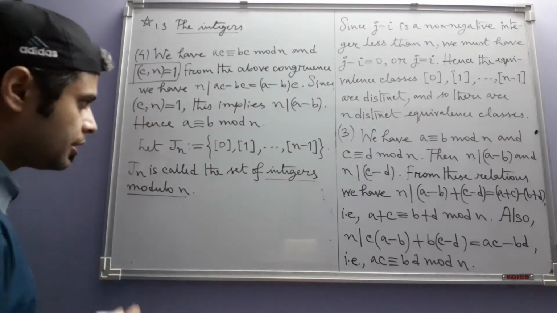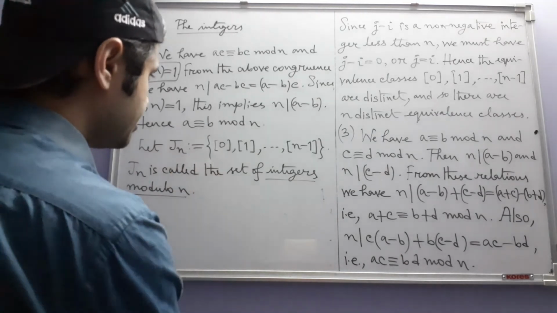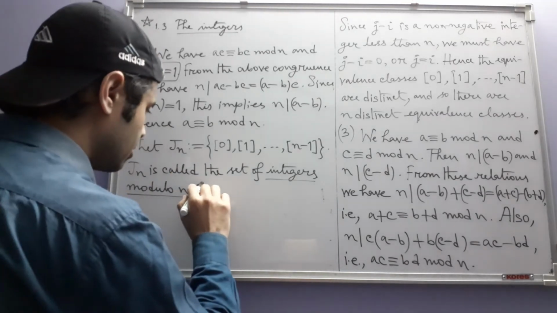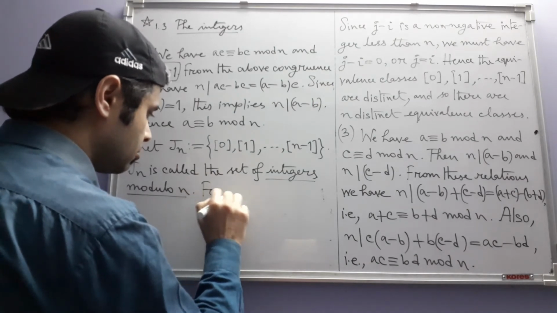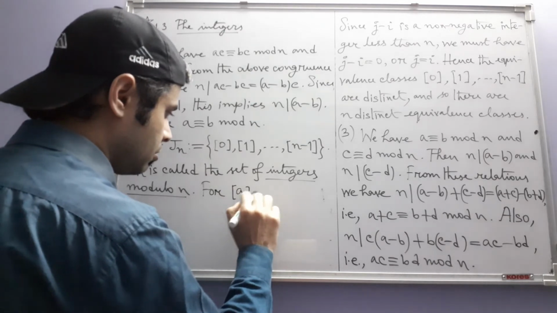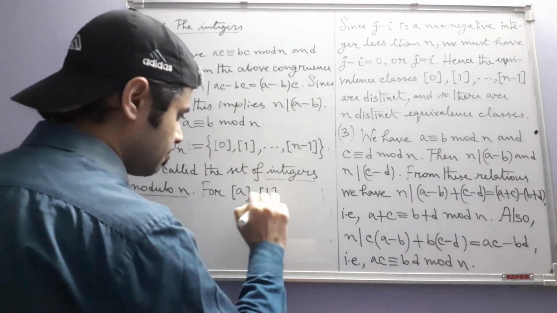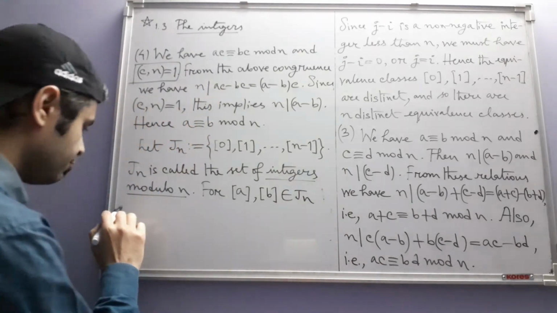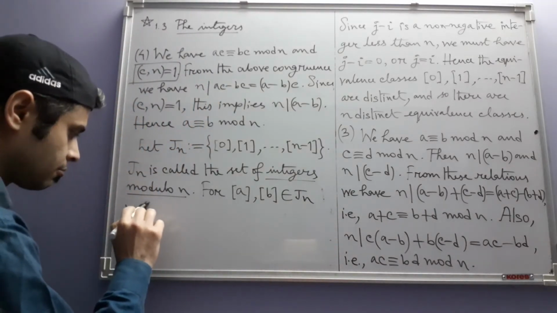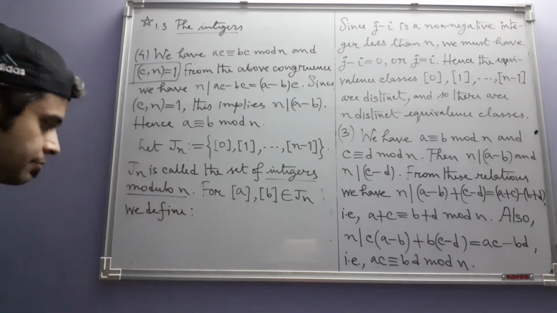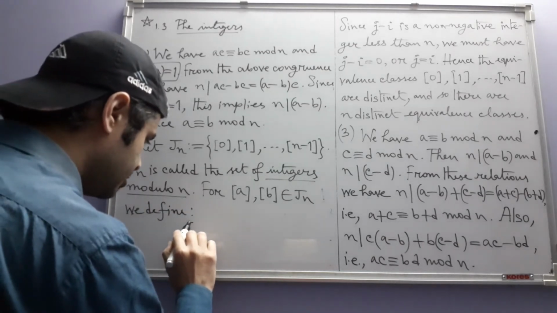Okay. Anyway, so on this Jn we can now define two operations. For two congruence classes, we define addition.